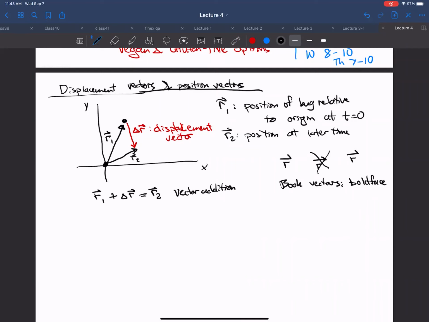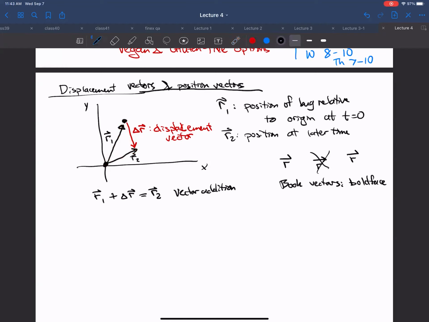We can see how it works graphically in this picture, which you should have in your notes from last time. To add vectors, we put them tip to tail. I put the tip of vector R1 aligned with the tail of delta r, and that gives me the resultant R2.